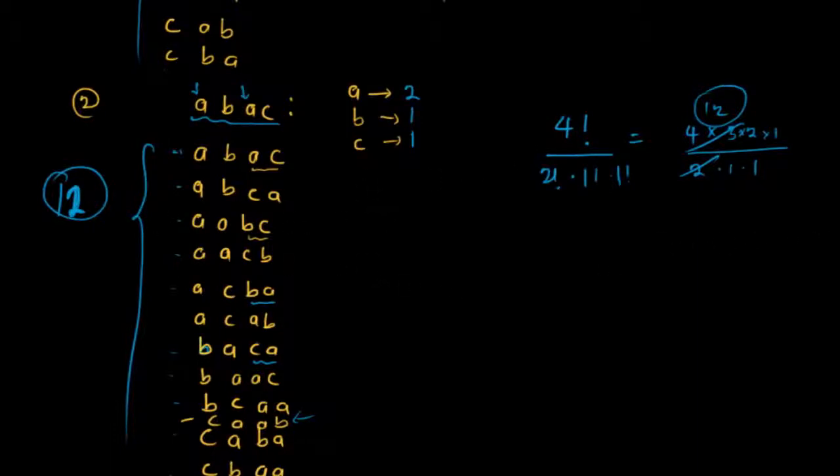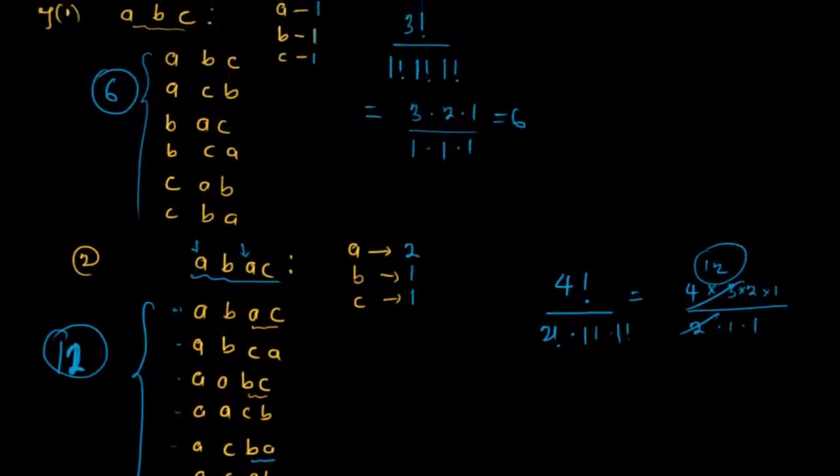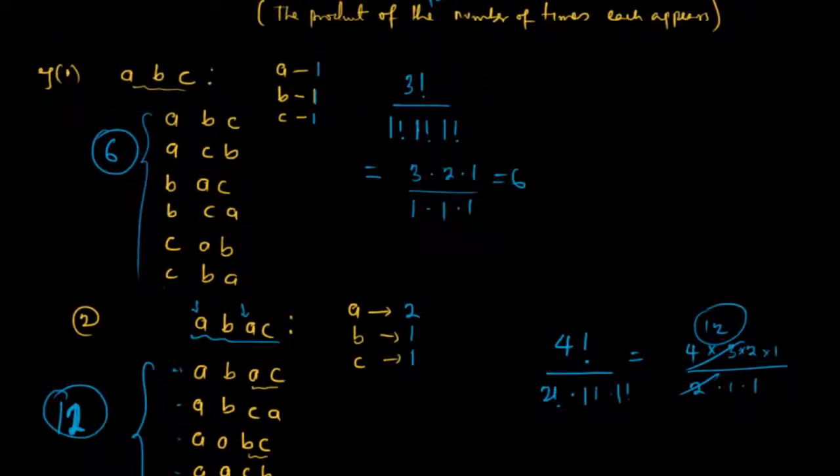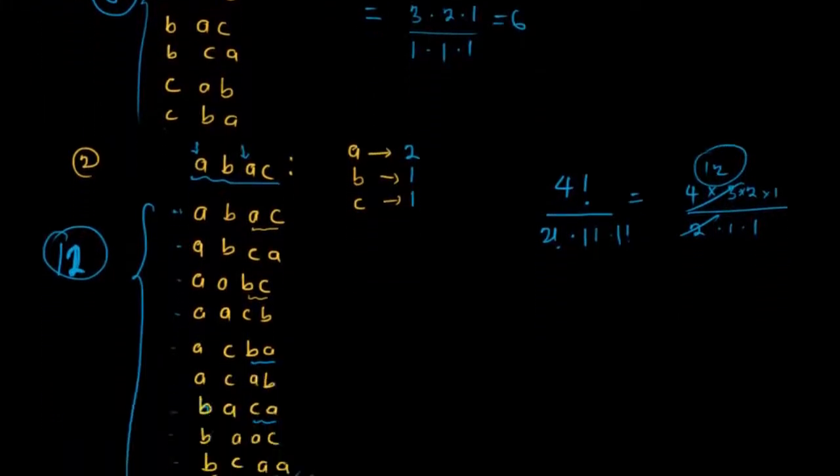So I'm going to do one last example, just to ground understanding. Assuming you are told to find the number of ways, let's call that example 3, of arranging the word SUCCESS, S U C C E S S. So you want to find the number of ways of arranging SUCCESS.